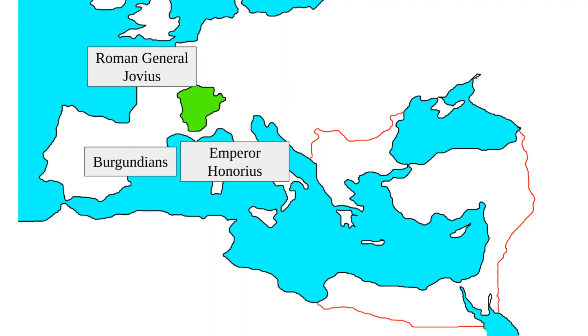And here we can see that one of the reasons the Roman Empire fell lies within the reasons why Jovius revolted, since it was this decision that allowed the Burgundians to settle inside of the Roman Empire.